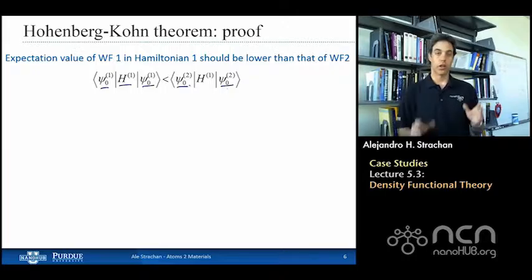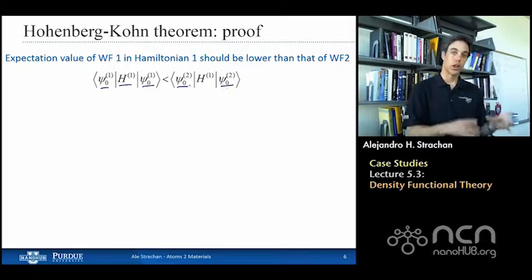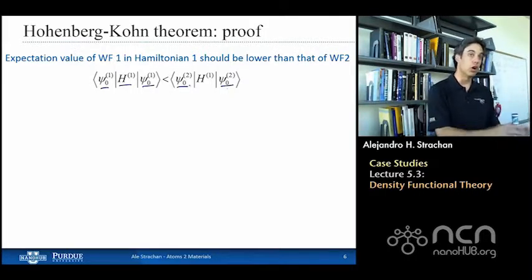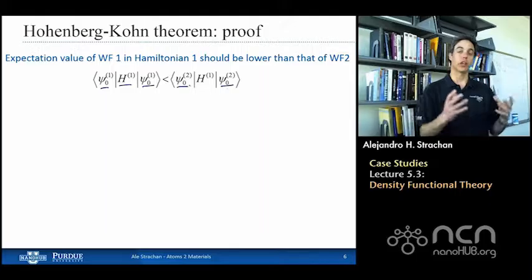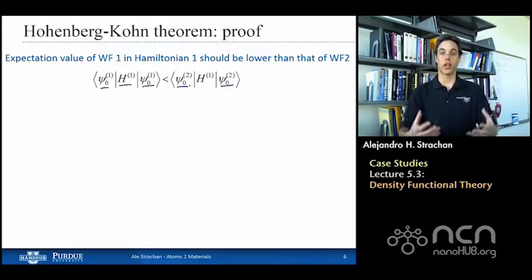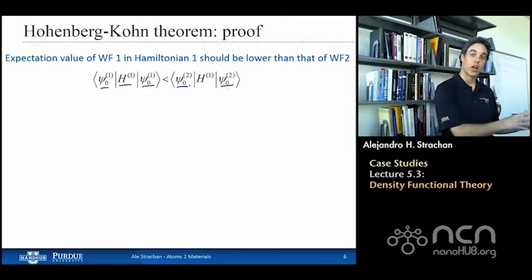Again, wave function 1 gives the lowest possible energy for Hamiltonian 1. So if I pick any other wave function, the expectation value should be higher. The energy should not be as good as for wave function 1.